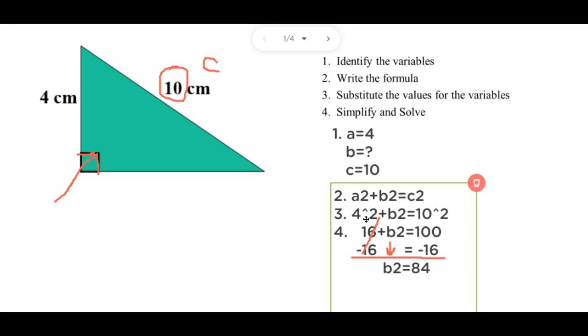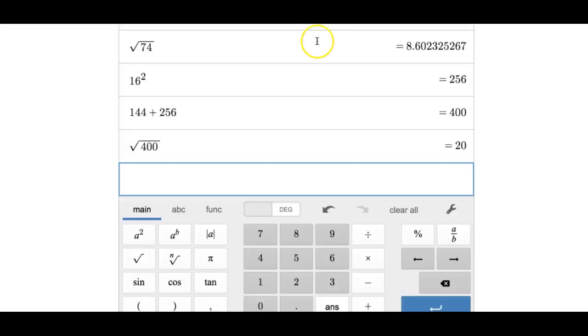And now you're at the last step where you're going to take the square root of both sides, because just like with the C, you cannot leave that like that. You have to take the square root of both sides. We're going to go to our Desmos calculator, and we want to do the square root of 84. That looks like 9.165.